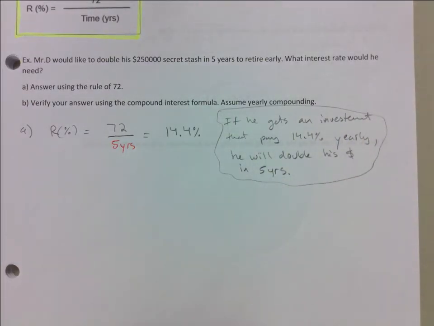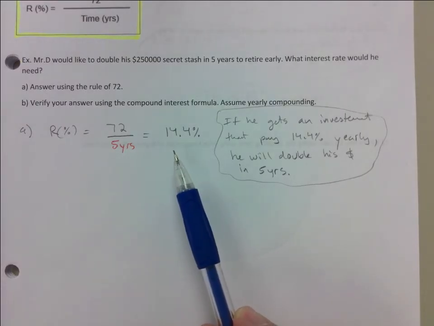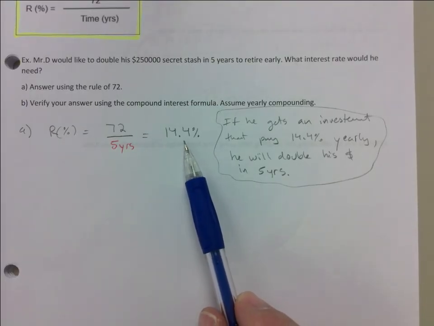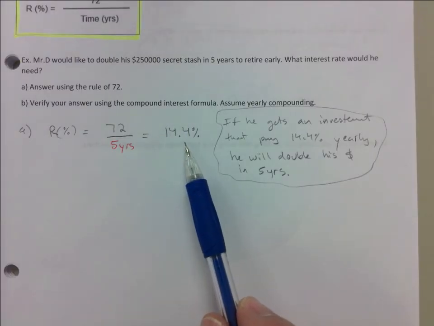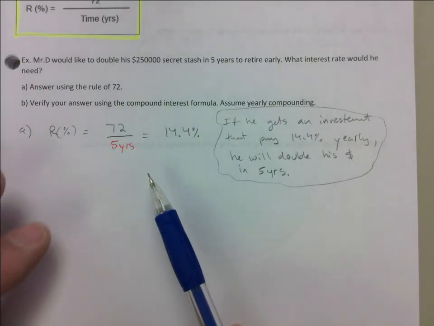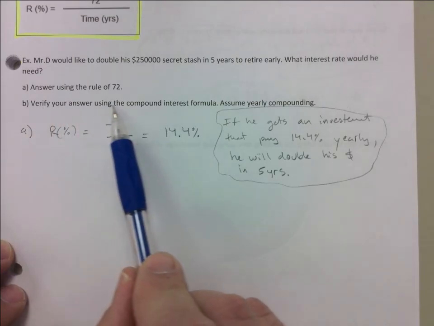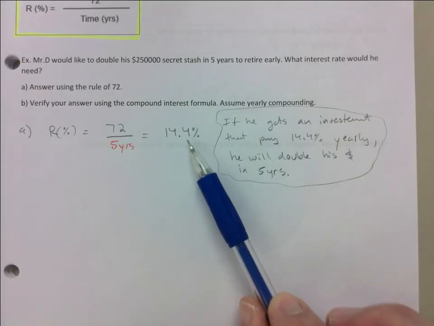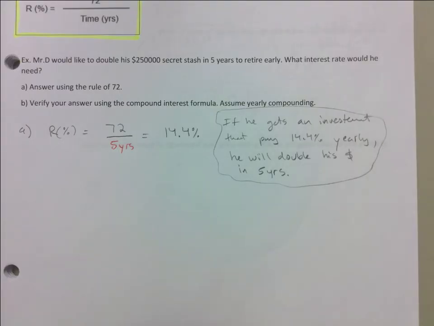You need to go look for an interest rate of 14.4%. It's not easy to get, but if you want to, then that's what you need to get. Maybe your portfolio overall needs to be 14.4%, right? So that's how you do that. We're not going to verify our answer using the compound interest formula. We could plug this into our compound interest formula and calculate that, but we're not going to do that.